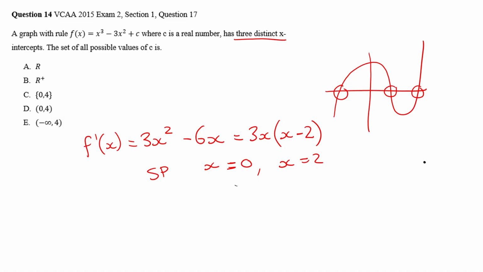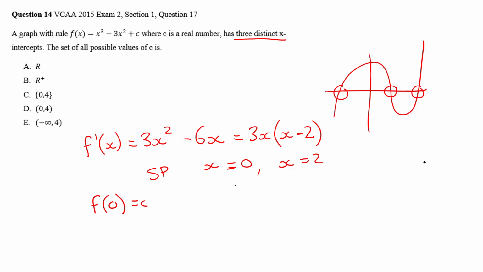We're going to find the y values for both of these, which means we are going to substitute them in. So the first one, if I substitute f of 0 into my original equation, all my x's are 0 and it leaves me with c.